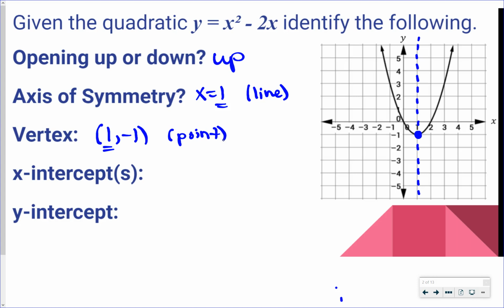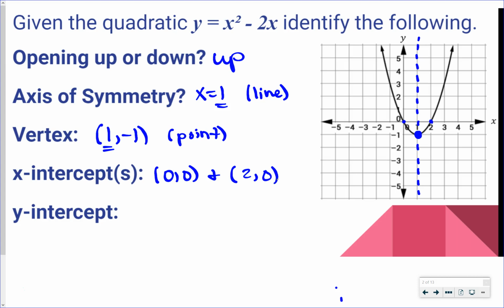All right, where are the x-intercepts here? I see one happening at 2, and I see it happening at 0. Am I going to write 2 and 0? No, how do I write the points? Well, I can't do equals because that would be a line. What's just the point? (0, 0), (2, 0). Good.